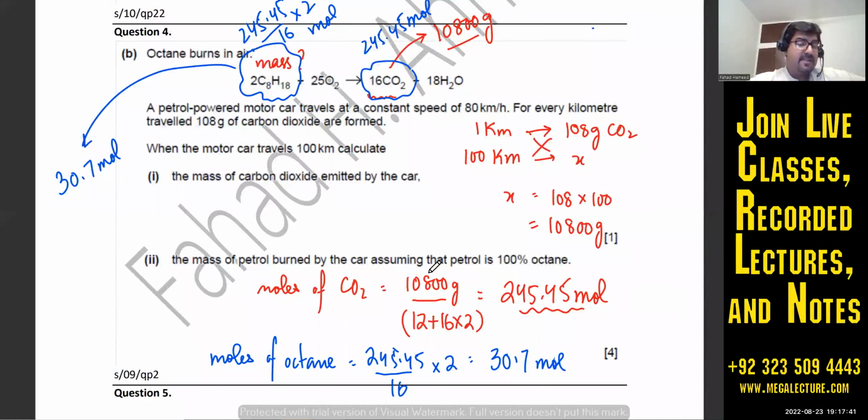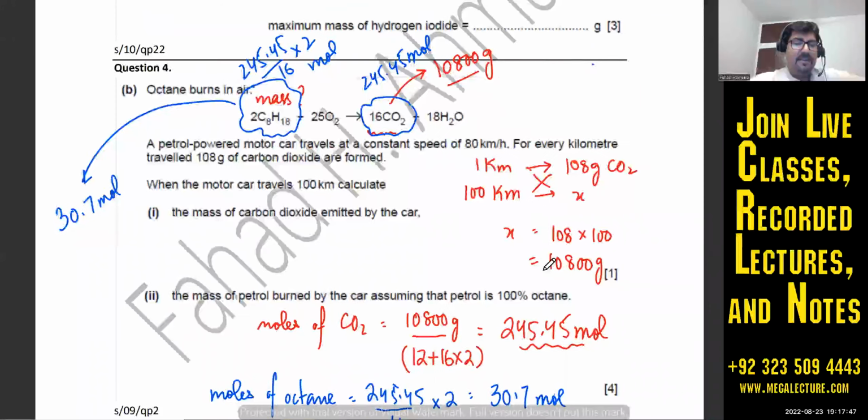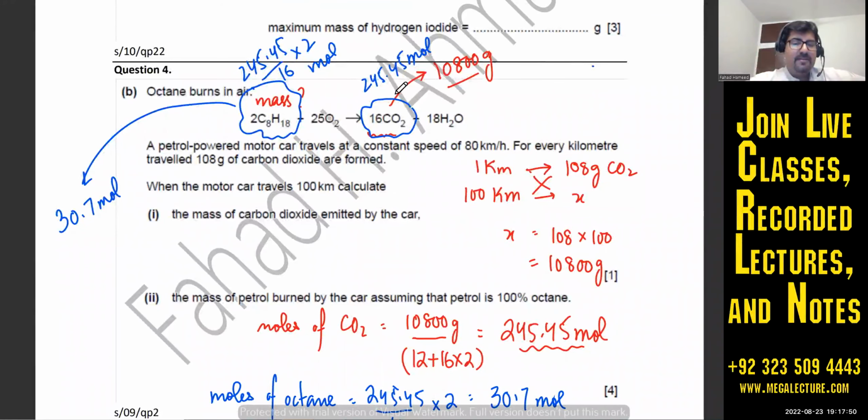So I found the moles of carbon dioxide, 245.45 moles, and he was asking me to find the mass of petrol. Now the equation deals in moles. equation में जो ratio है, that's the moles ratio.